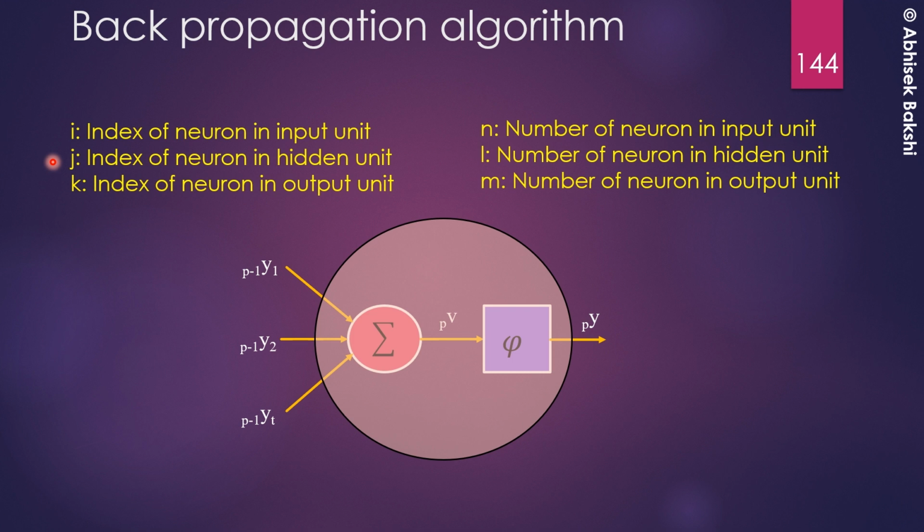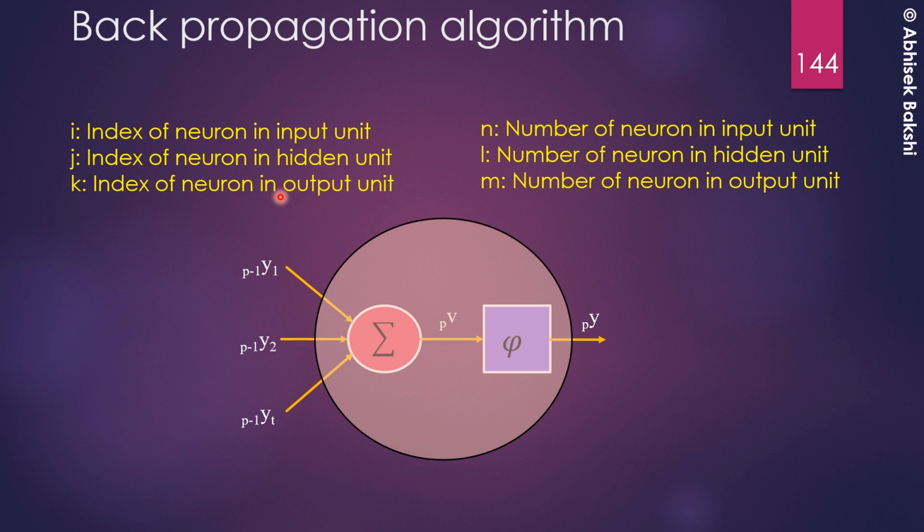That's all. Instead of one hidden layer, you may have more than one hidden layer, but at the end of the day, the equation strategy remains the same. So just to understand the equations, I have considered one input layer, one hidden layer, and one output layer. That's all. And the indexes of the neurons of the input, output, and hidden layers are considered as i, k, and j, like this.